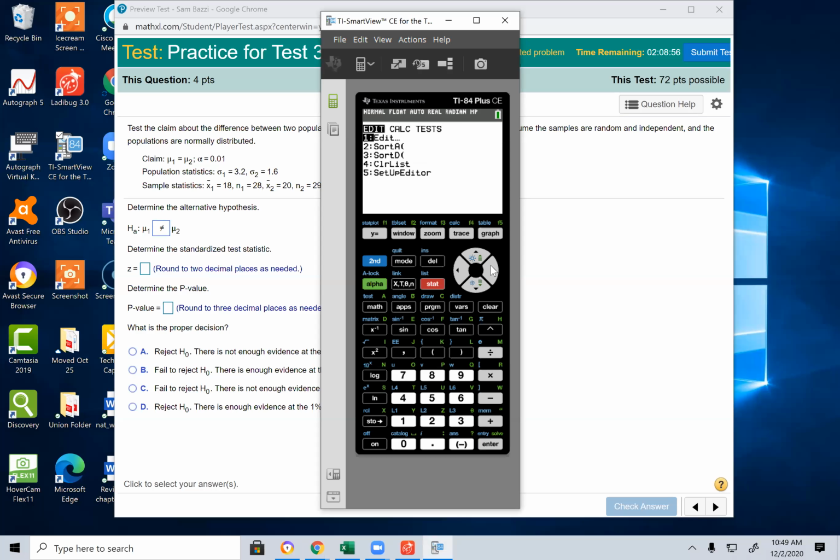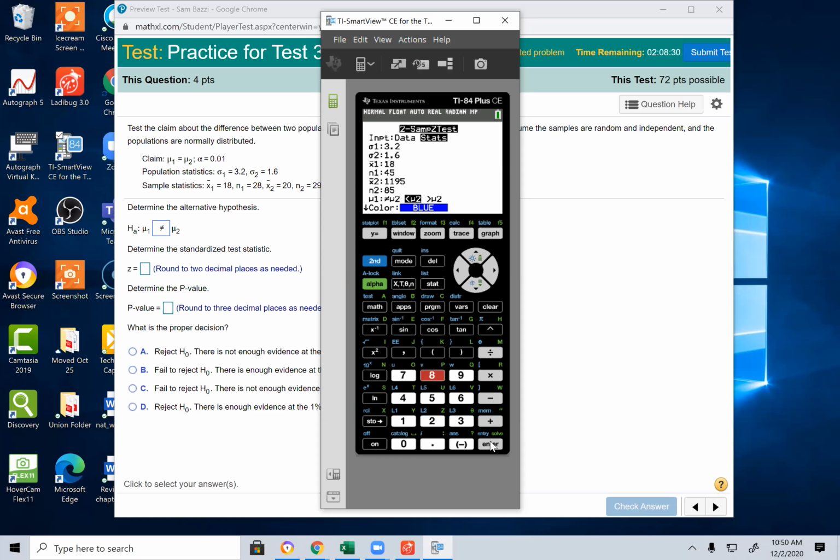Stat. Two sample Z test. Okay, sigma 1 is 3.2. Sigma 2 is 1.6. I want to just do it right online, guys, because I know some students sometimes have trouble even knowing how to input the values into the answers.